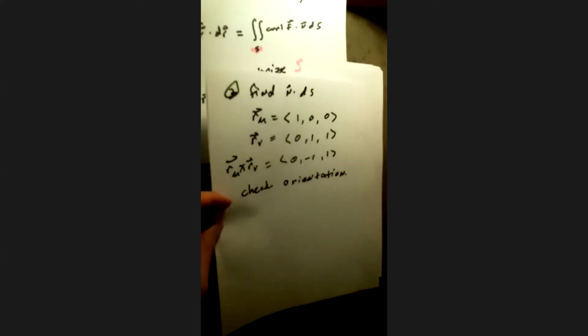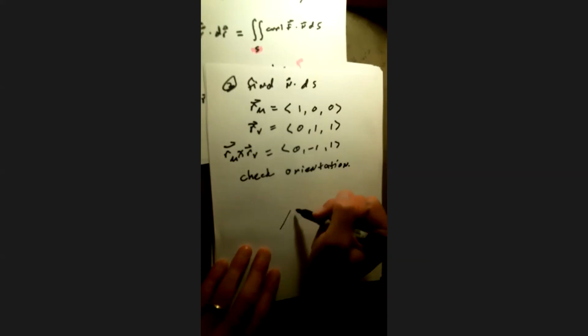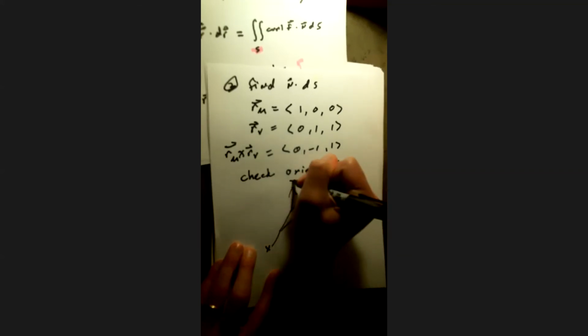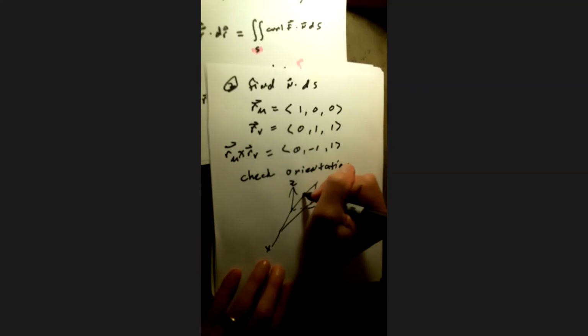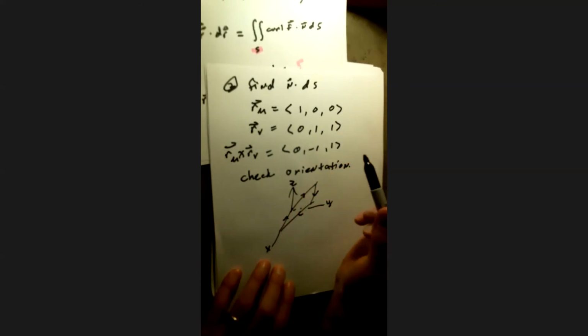Okay, so to check my orientation, I'm going to quickly sketch my picture again because I think that'll help you see what's going on. So my picture looks like this. And we want to orient that thing. The C is oriented in this direction.